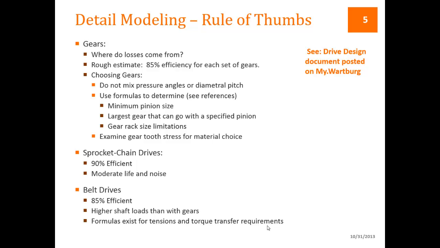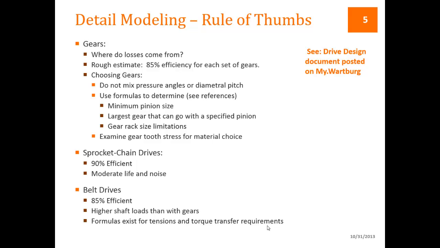These losses are usually coming from mesh mismatch. So you're not going to have an exactly fitting mesh in your gears, tooth to tooth. You may also get some losses from bearings that the gears are turning on, as well as some tooth shear stresses or tooth bending in your gears.